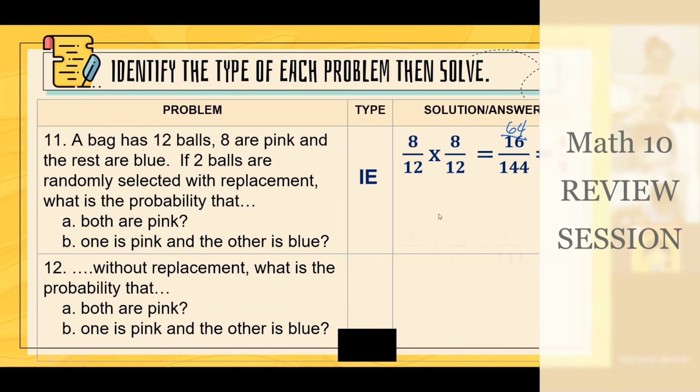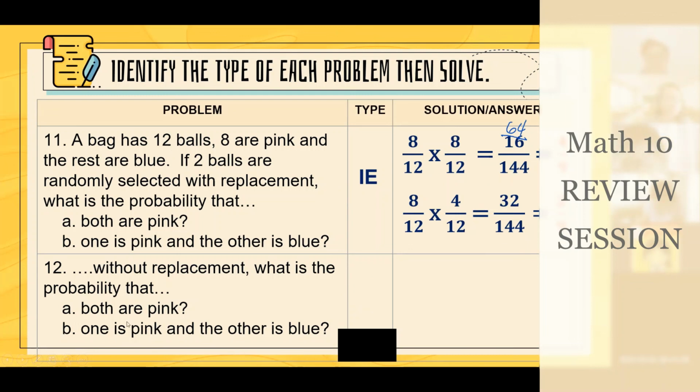It's the same, independent events because there is replacement. So 8, the first one is pink, kaya 8 over 12 times, the other is blue, and there are 4 blues, not affected because there is replacement. 8 times 4, okay, tumama na ako doon. 8 times 4, 32 over 12 times 12, 144. Lowest term nyo, it's 2 over 9.